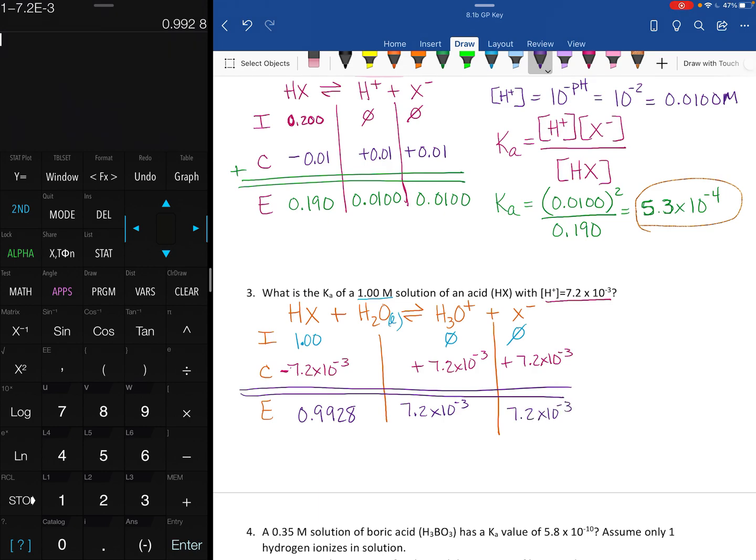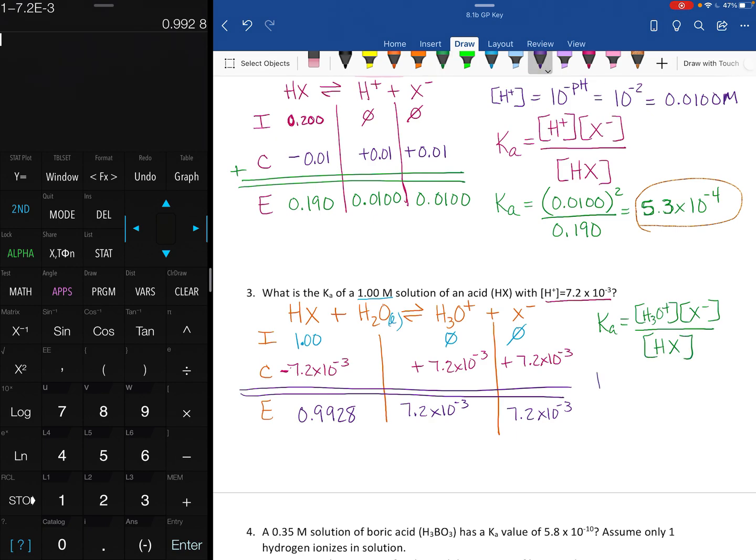Okay, let's go ahead and plug this into our Ka expression. So I'm going to write the expression again just to make sure. So Ka, in this case, is the concentration of H3O plus times X minus over the concentration of HX.